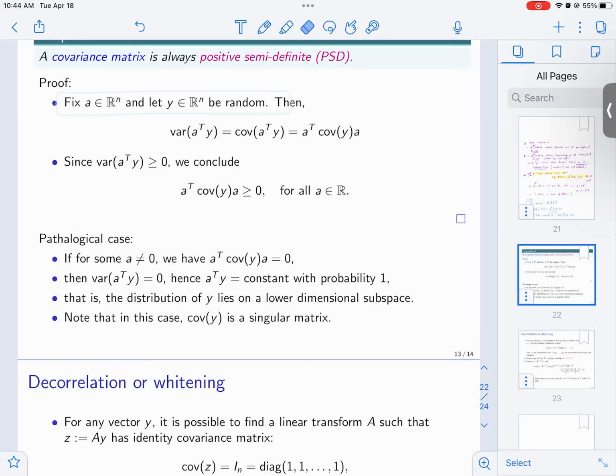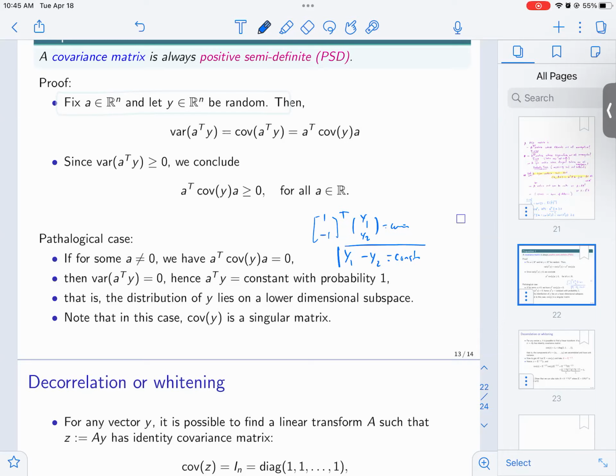In this pathological case, the elements of Y satisfy a linear constraint almost always. For example, A could be (1, -1) transpose, times Y. If Y1 minus Y2 is constant, the difference is always going to be the same thing.